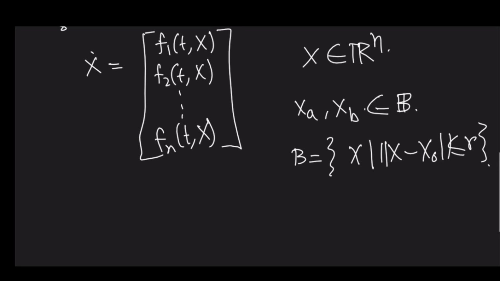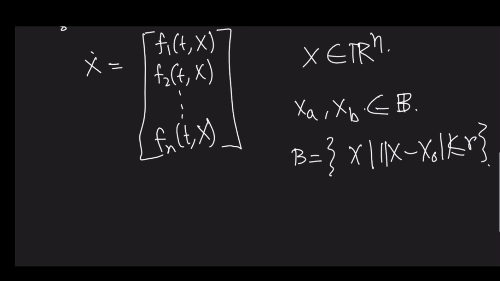Now as the function is Lipschitz, with respect to x your variation is bounded by a certain constant, the Lipschitz constant. For f1 you can have L1, for f2 you can have L2, for fn you can have Ln. But as all these n functions are Lipschitz, all the constants L should be finite.